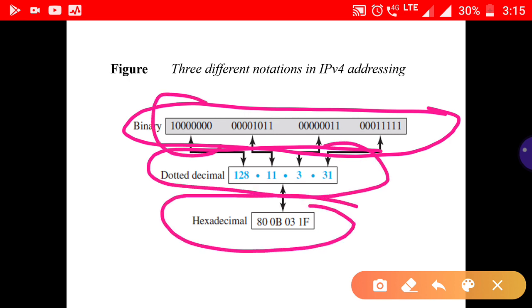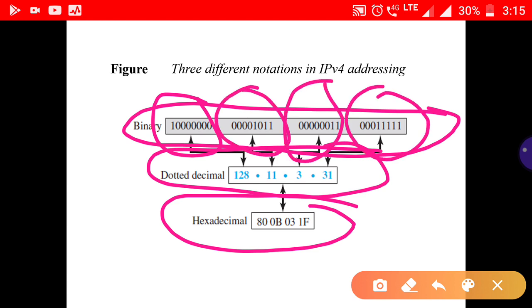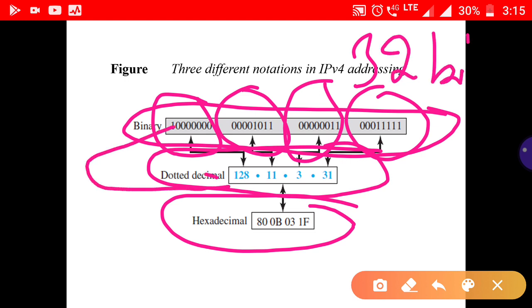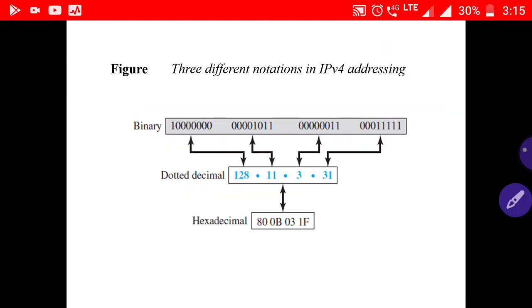Each part is 8 bits, 8 plus 8 plus 8 plus 8, so this is a 32-bit address. Each 8-bit binary value, we write its equivalent number in decimal form. Binary and dotted decimal are very much useful and used everywhere. Hexadecimal notation is seen in very rare cases.